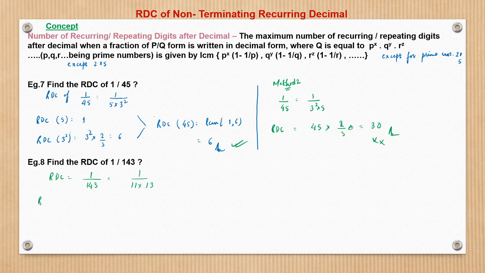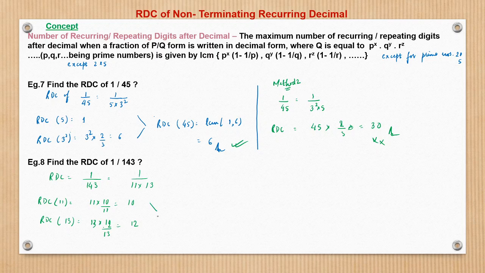So we will first find the RDC of 11. That is nothing but 11 into 10 by 11, which is 10, and the RDC of 13 is 13 into 12 by 13, which is 12.